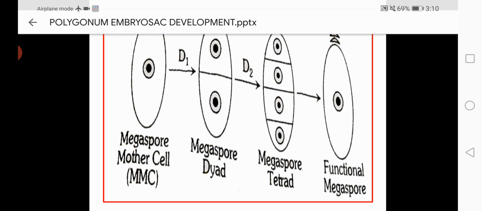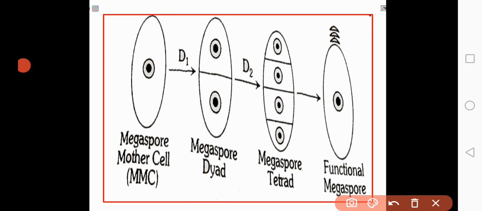Here, this is the single megaspore mother cell, which forms from the nucellar cell, and this megaspore mother cell undergoes division so that finally 4 megaspores are formed, and the process of formation of megaspores from megaspore mother cell through meiosis is called as megasporogenesis.